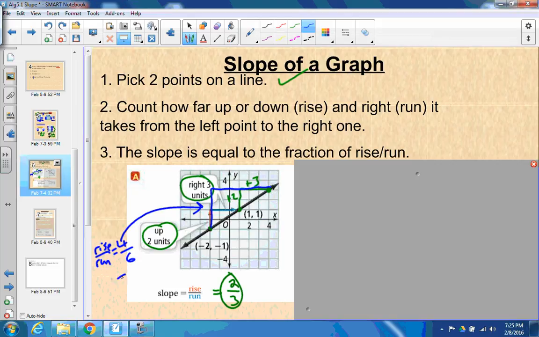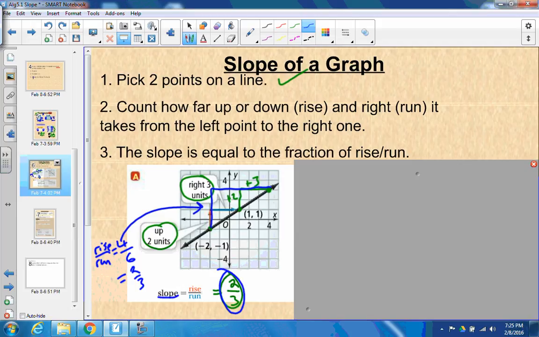But then 4 over 6 reduces to 2 over 3, which is the same thing that we had here. So the slope does not matter what points you pick, as long as there are 2 points that you can tell are on that line, you'll have the same slope, and it's the rise over run. So the slope for this one is 2/3.